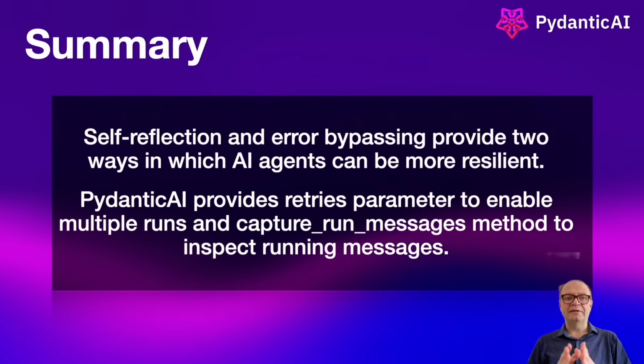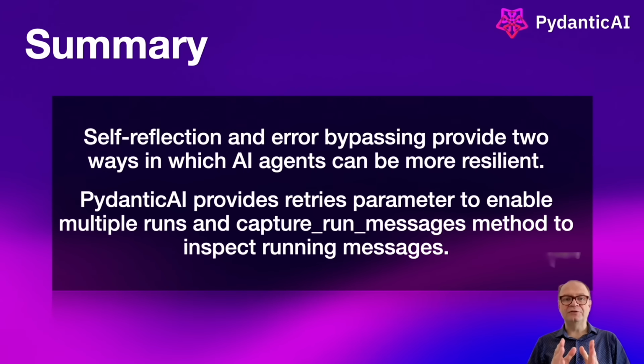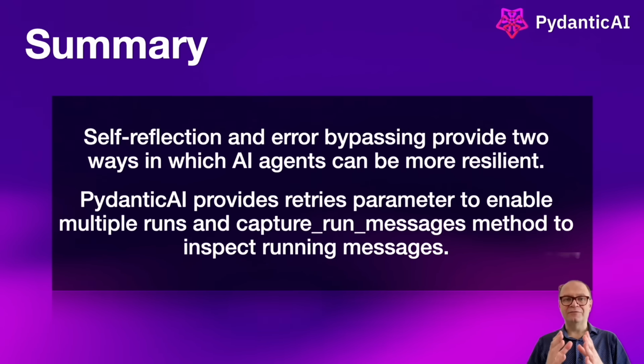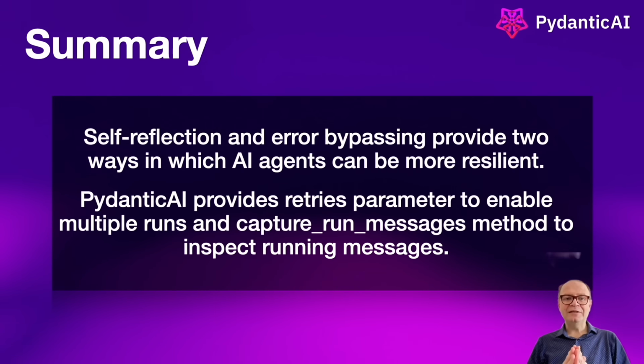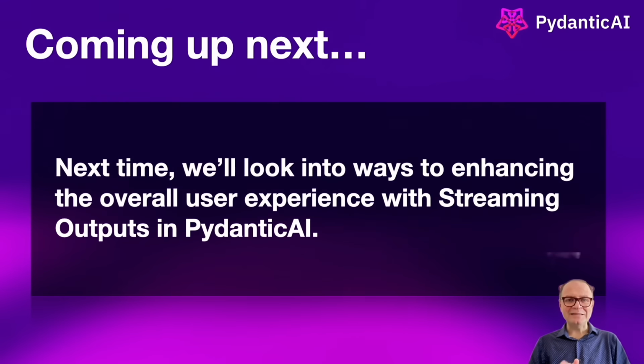In addition to that, the capture_run_messages method provides a utility to inspect the running messages so that you can glean a lot of information from that array. Using these two methods, your agents will handle model and tool errors more gracefully, providing an enhanced user experience. Next time, we'll look into ways to enhance the overall user experience with streaming outputs in PydanticAI.